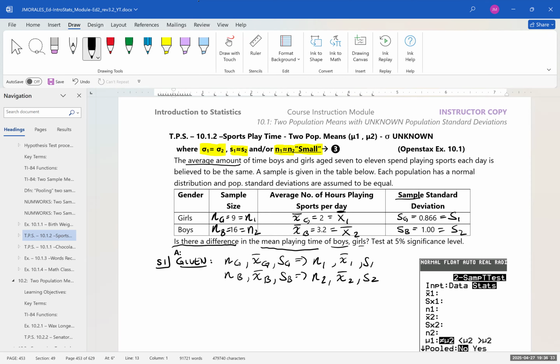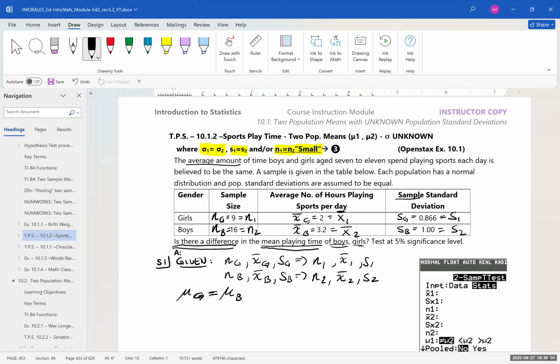The closest I think we could come to here is that the mean playing time for girls is equal to the mean playing time for boys. That's how we're going to interpret "is there a difference in mean playing time between boys and girls?" It's that they're equal.